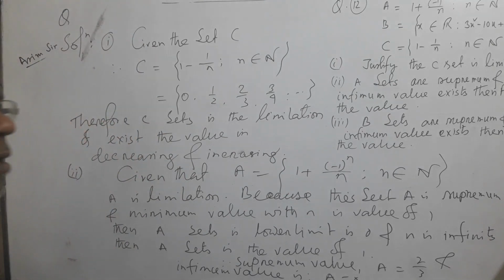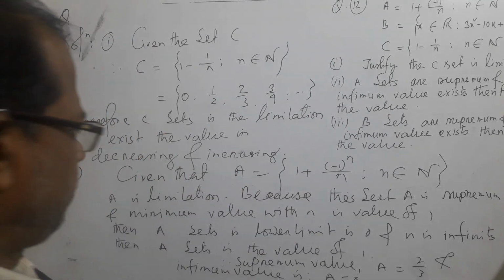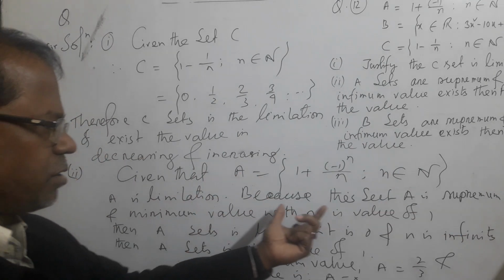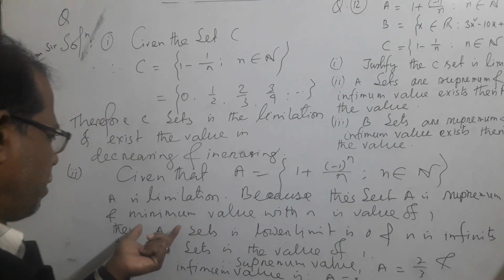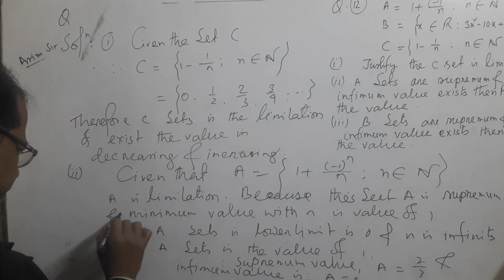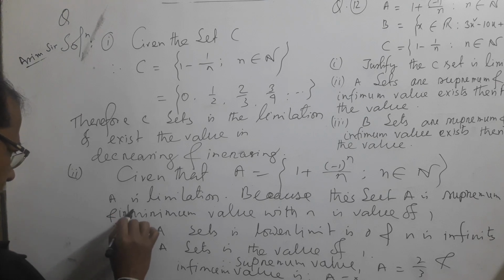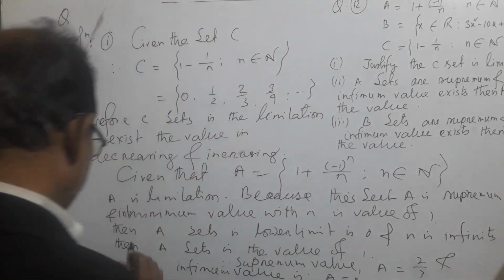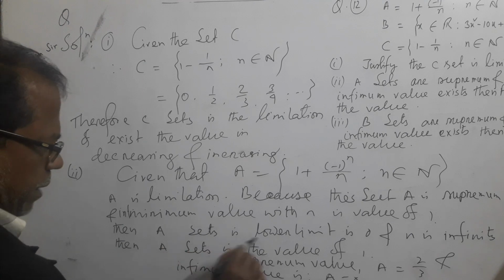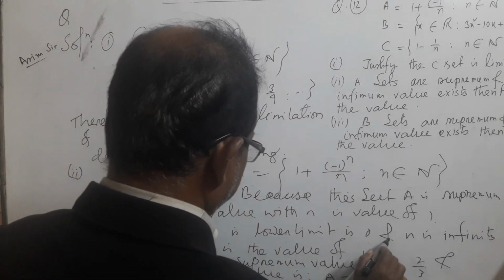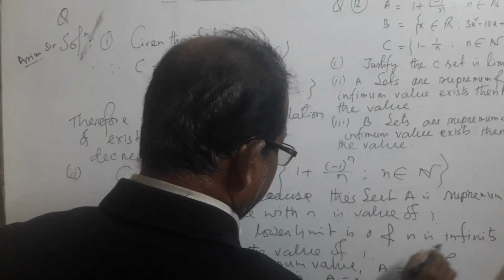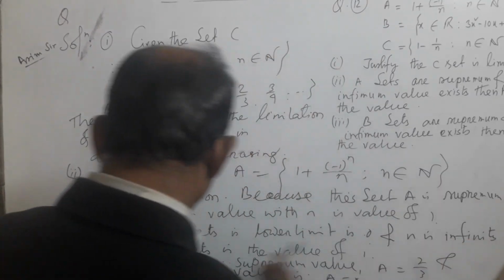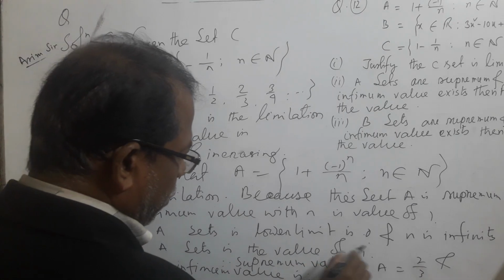So we have repeated that, given that A is bounded, because the set A has a supremum and an infimum. The lower limit is 0, and as n goes to infinity, the set A approaches the value of 1.